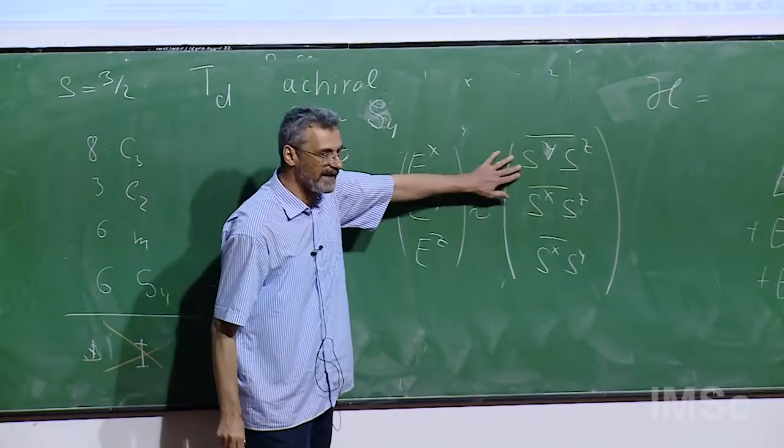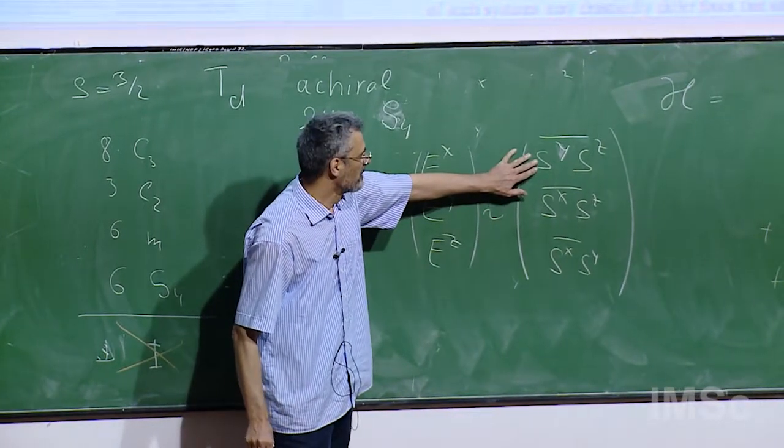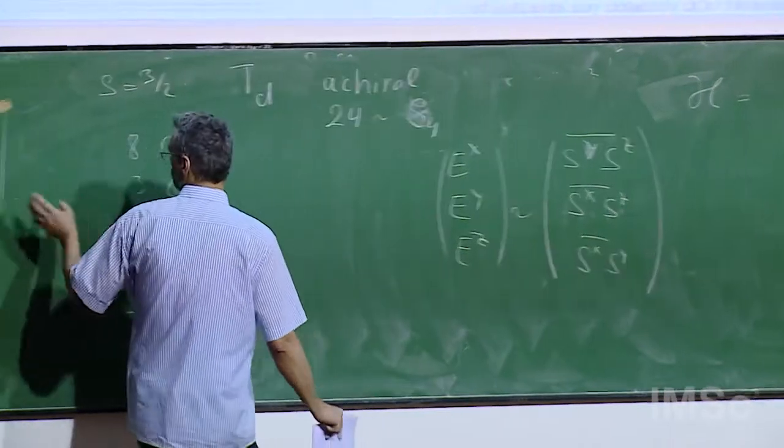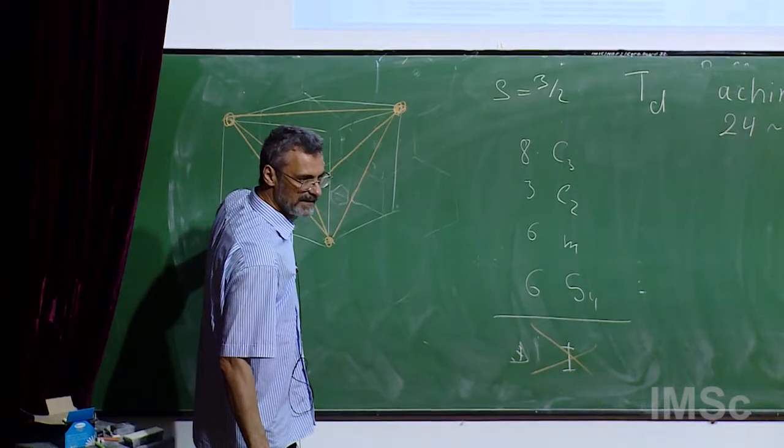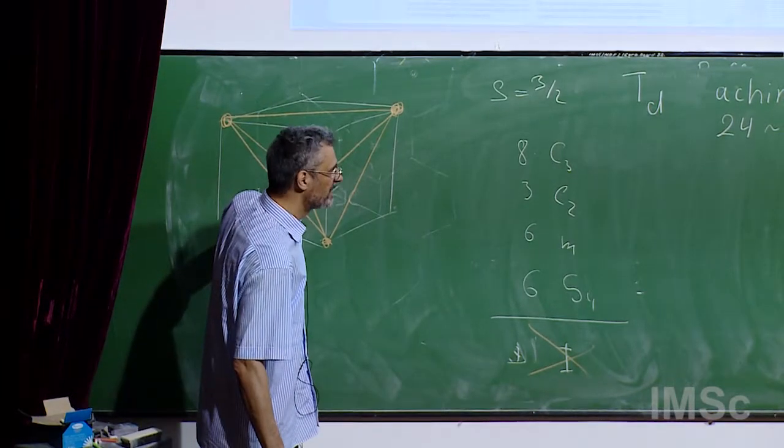So if there is a finite magnetization in the cobalt, it will induce an electric polarization. How will it induce the polarization?